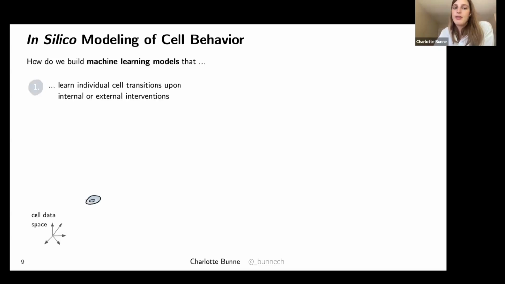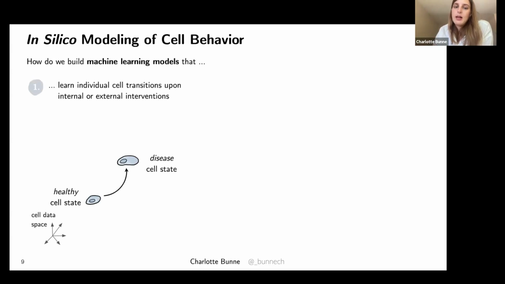Meaning that if I have a cell which lies in my very high dimensional gene expression space, for example, because I measured the 1,500 highly variable genes, right, that somehow give me an insight on how the cell looks like, I want to really understand for an individual cell how the cell is going to, for example, transform from a healthy into a disease state.